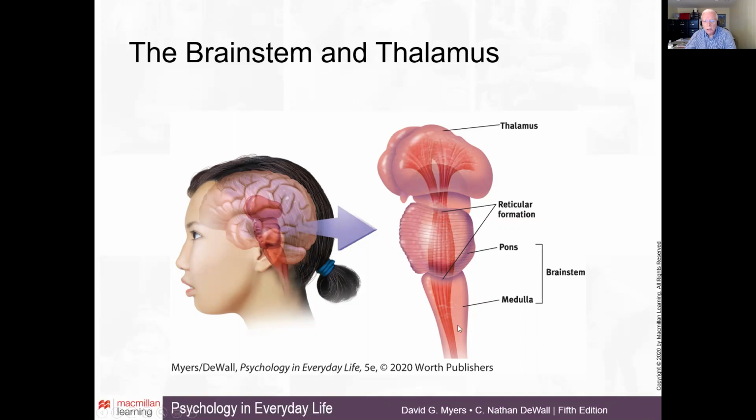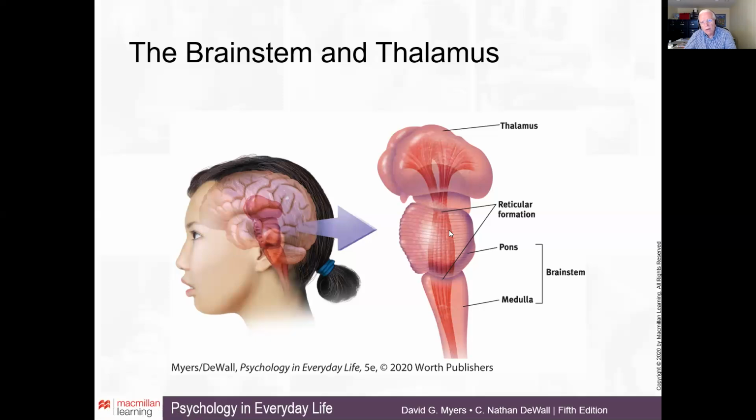So the medulla is the part of our brain that regulates vital functions like breathing and respiration. And the pons helps to coordinate movement and also to control sleep.